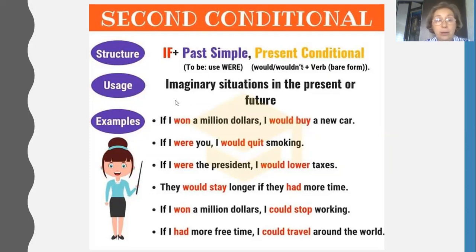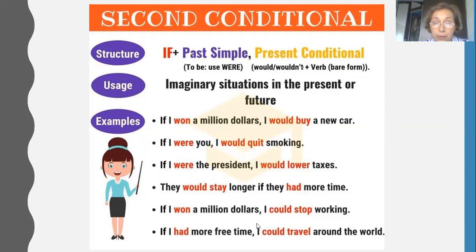And when do we use the second conditional structure? We use it to show an imaginary situation in the present and future. So this is a hypothetical, unreal situation related to present or future. There are some examples, and you can see that in the main clause we have would plus verb in all the sentences.